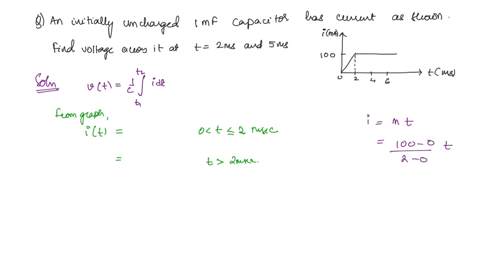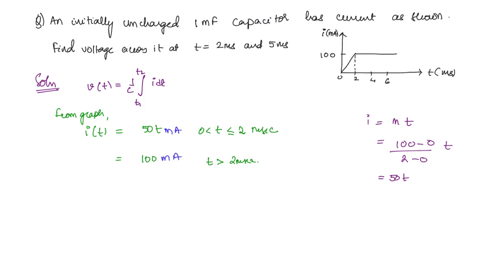Since both are in milliamperes and milliseconds, you don't have to worry about the 10 to the power minus 3; both will cancel. So you get I equal to 50 t. What is the unit of I? I is in milliamperes, remember that: 50 t milliamperes. And for t greater than 2, it is going to be 100 milliamperes.